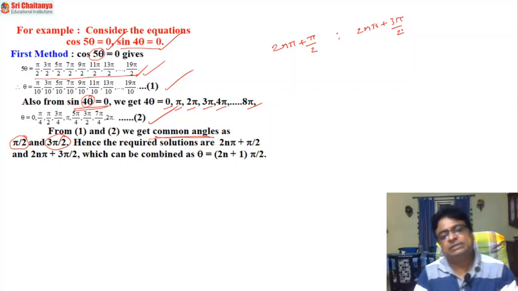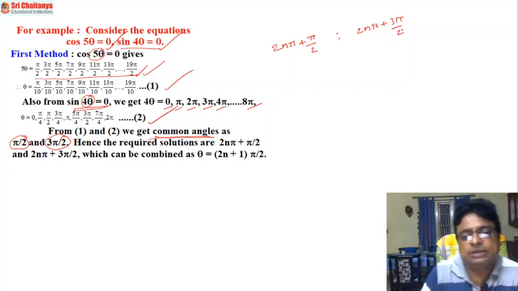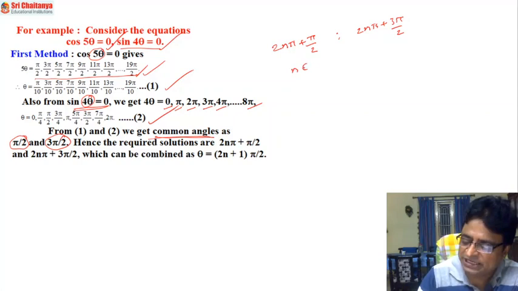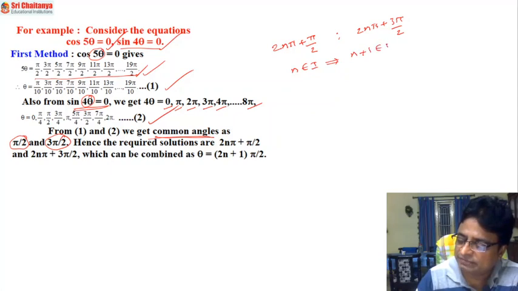But my friends, the most important point while solving a trigonometric equation is the value of n. See, if n is an integer, n plus 1 is also an integer. If n is an integer, n minus 1 is also an integer.